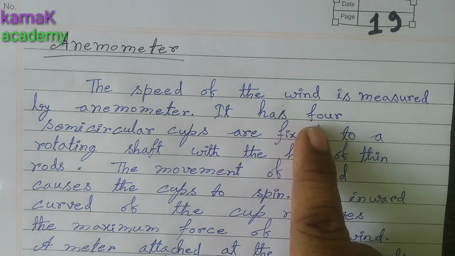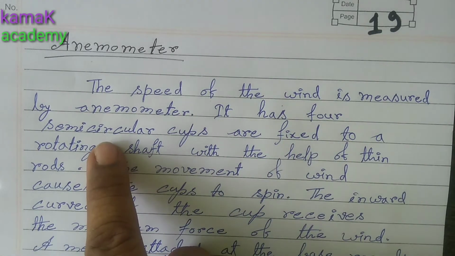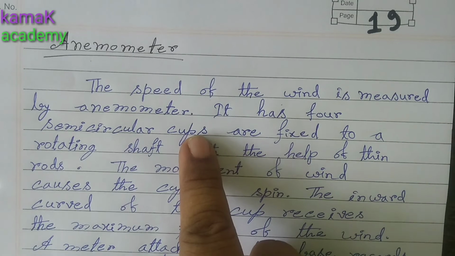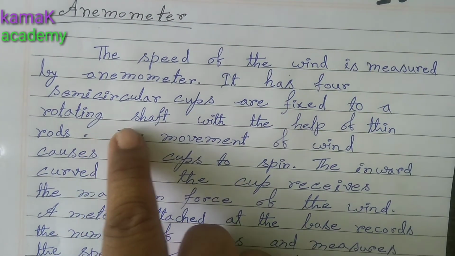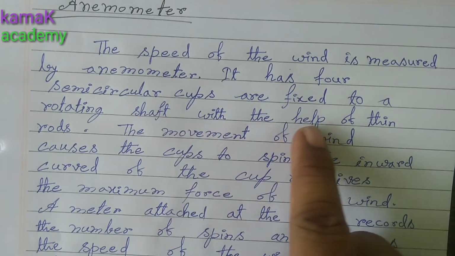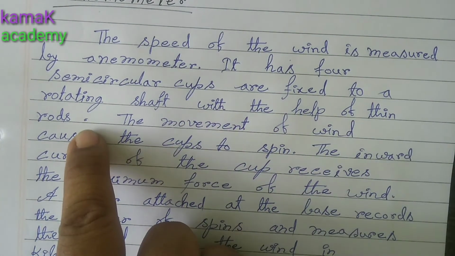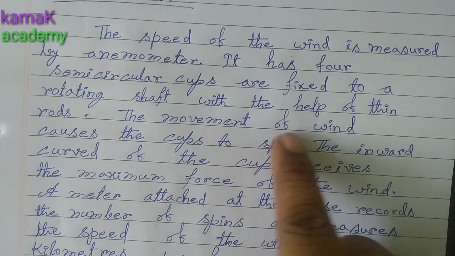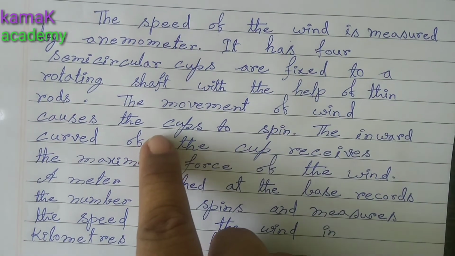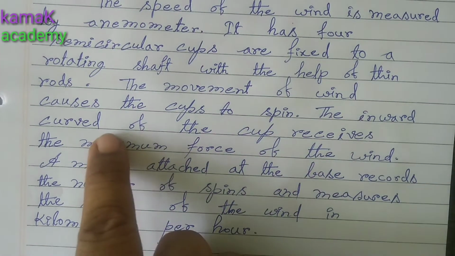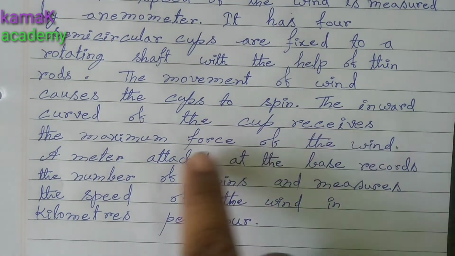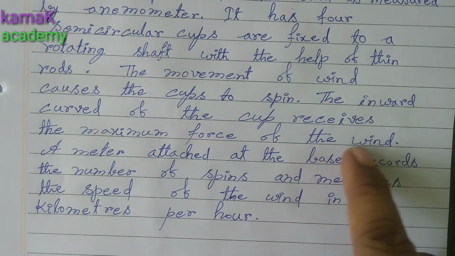It has four semicircular cups fixed to a rotating shaft with the help of thin rods. The movement of wind causes the cups to spin. The inward curve of the cup receives the maximum force of the wind.